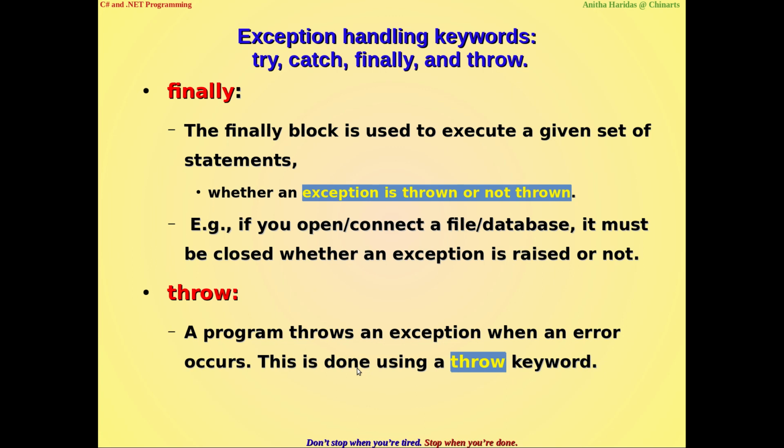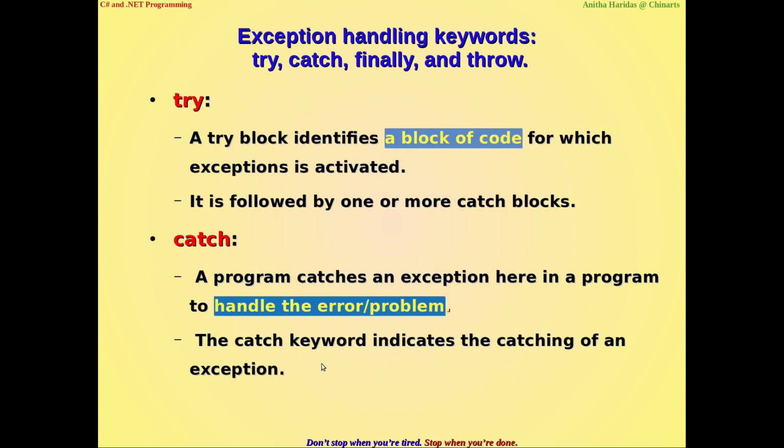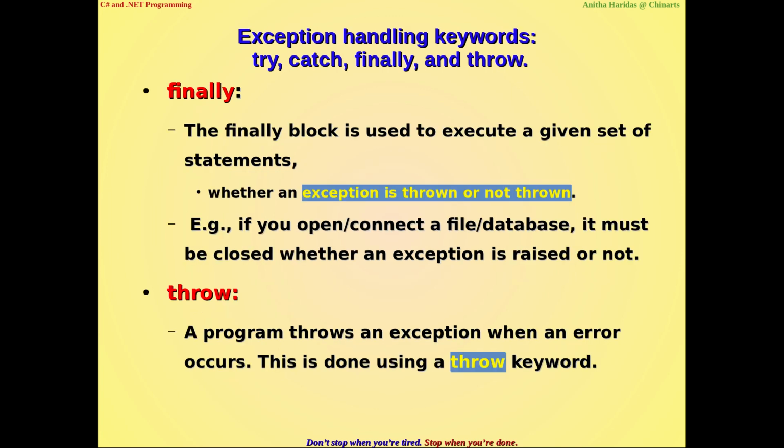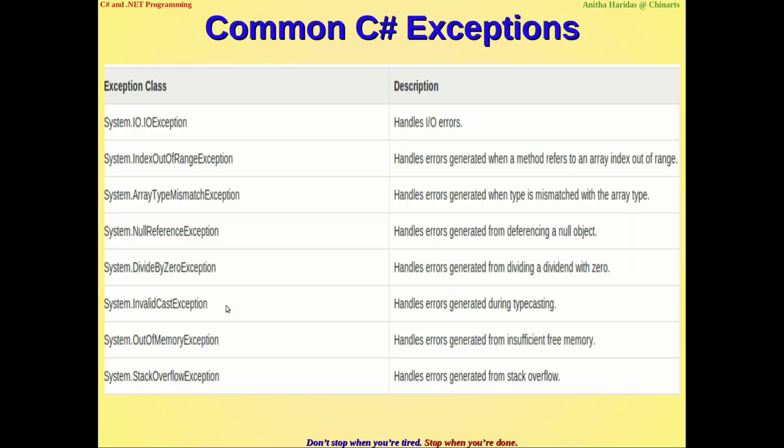We will be seeing a demo program in which this throw keyword is used for throwing an exception explicitly. Whereas the exception will be thrown automatically inside the try block. And if you want to explicitly throw the exception, you have to use the throw keyword.